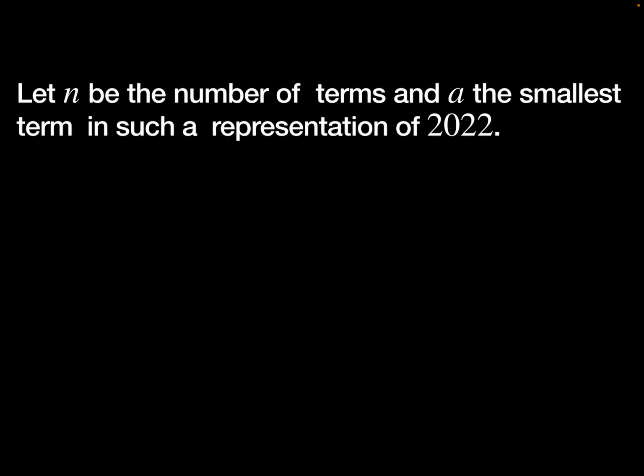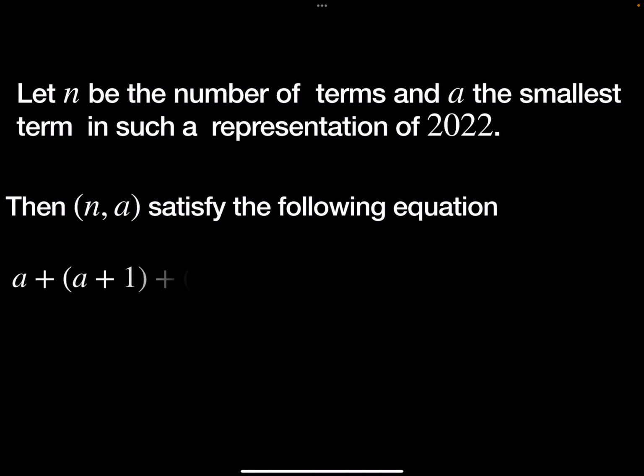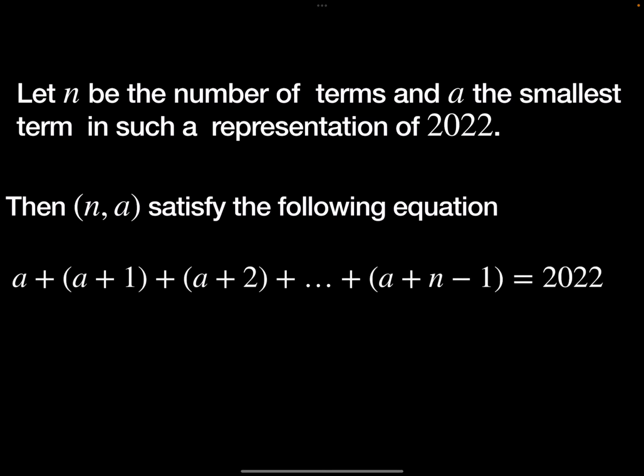Now, first of all, we're going to introduce a notation. We're going to denote by n the number of terms and by a the smallest term in such a representation of 2022. Now, the problem can be reduced to solving the following equation for the ordered pair (n, a).